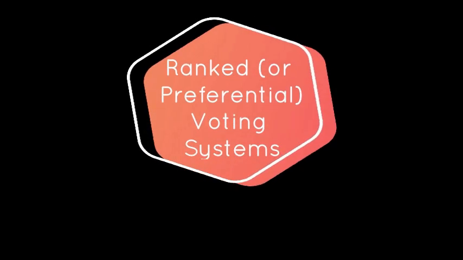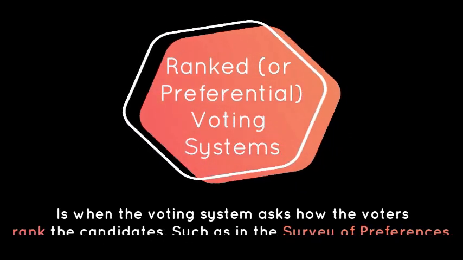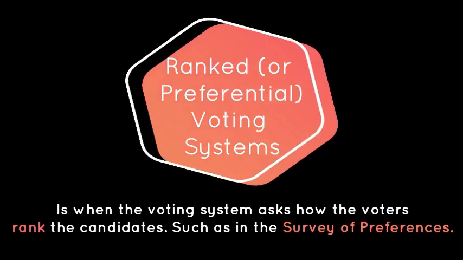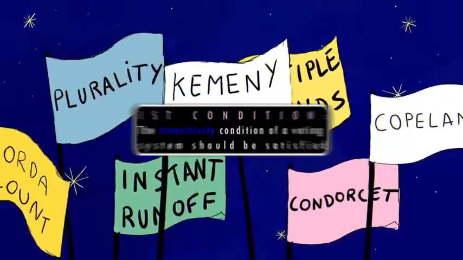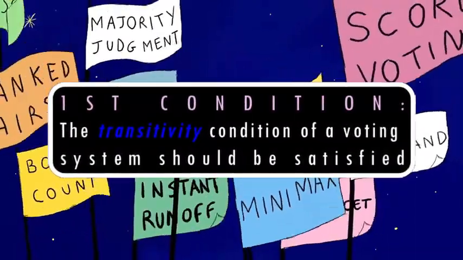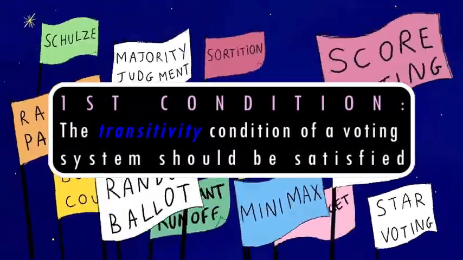One voting system is the ranked or preferential voting system, wherein the voting system asks how voters rank the candidates, as in a survey of preferences. Under any voting system, there are some conditions or features that are needed to be satisfied.